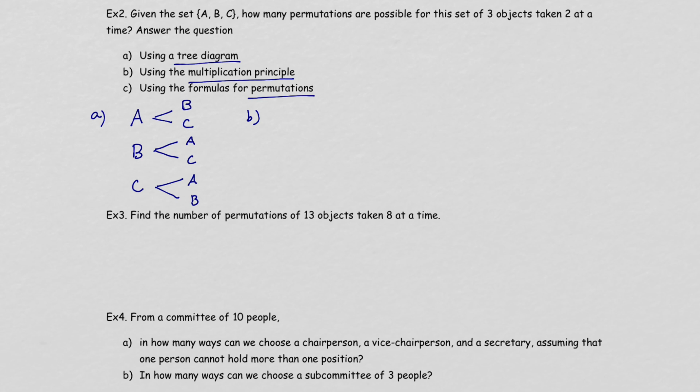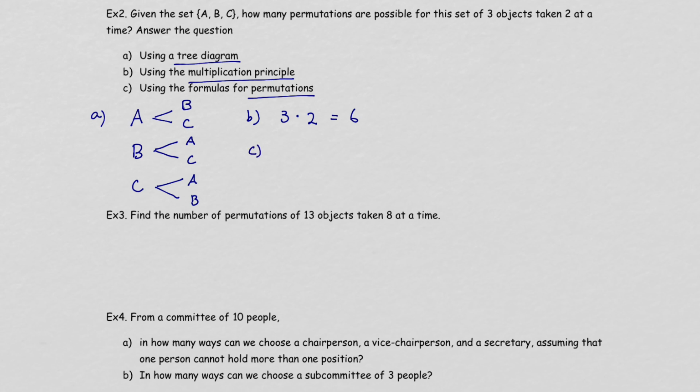Well, you have 3 options the first time when you're picking. And then the second time you're picking, because you already picked 1 out of 3, your choice is 2, right? So this is going to give you 6 options. So using the multiplication principle, you still get the 6 options.